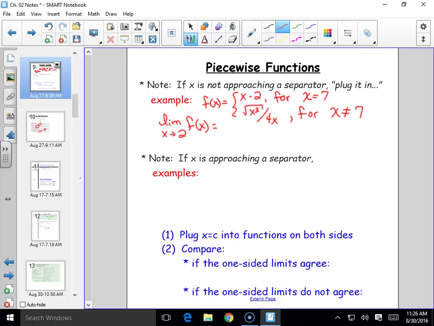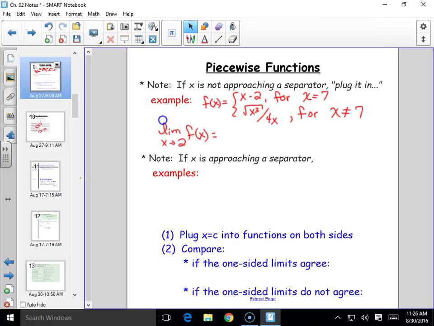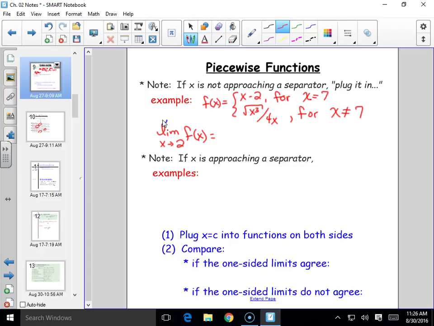Okay. So, we have that given function. The limit as x approaches 2 of f of x is... Where do we plug it in? Which piece? Not the top, because the top is only for 7, and we're approaching 2. So where do we plug it in? To the bottom. So we have the square root of 2 cubed all over 4 times 2, which is 8.